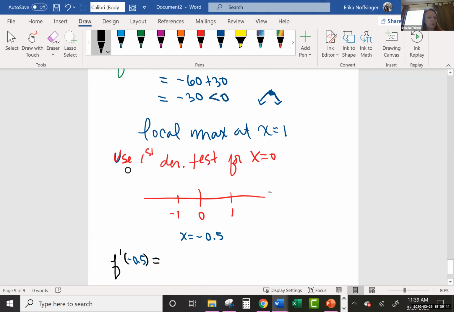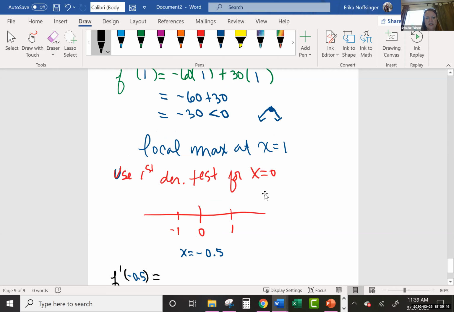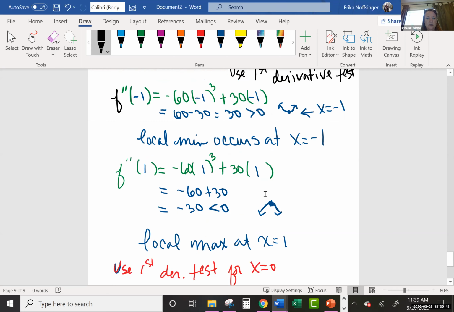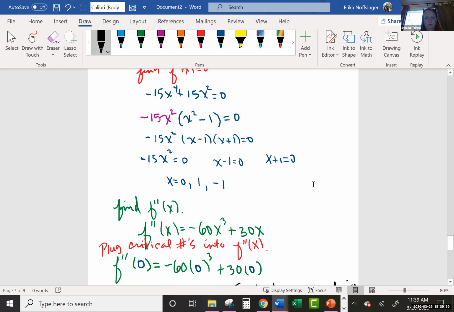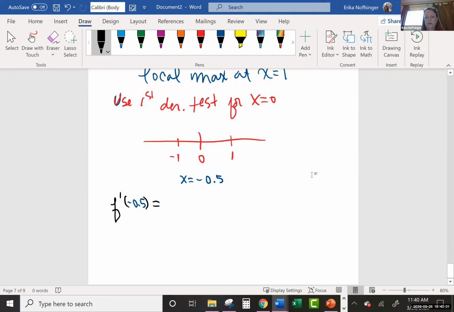And so let me pull back what my first derivative was. That was negative 15x to the 4th plus 15x squared. So this gives me negative 15 times negative 0.5 to the 4th plus 15 times negative 0.5 squared.